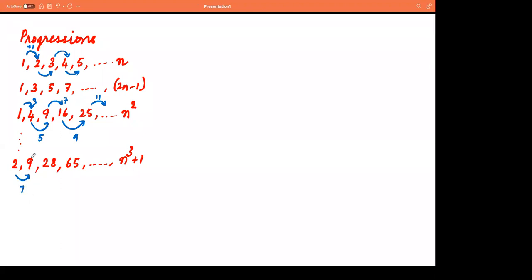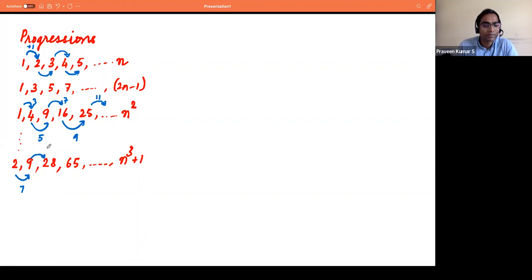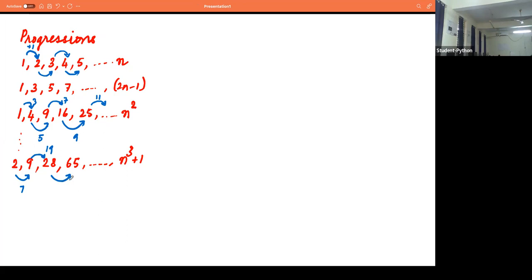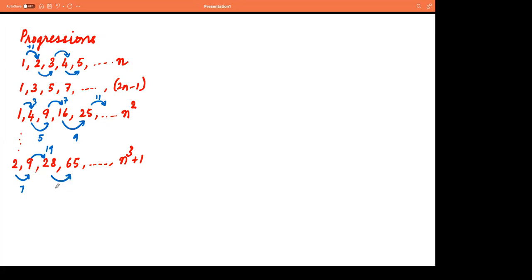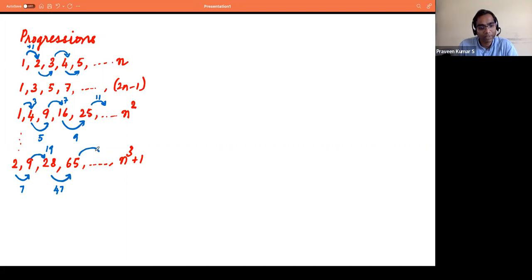What about this? 19. What about this? 47. And if you get the next number 126, then it would be 61. So here you will see that there is no pattern emerging: 7, 19, 47, 61.